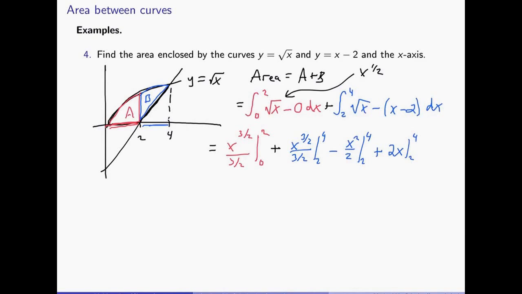Okay, so let's simplify this. This is equal to 2 thirds, 2 to 3/2. We could ignore this 0, so we have plus, so let's see, now we have 4, square root of 4 is 2, 2 cubed is 8.